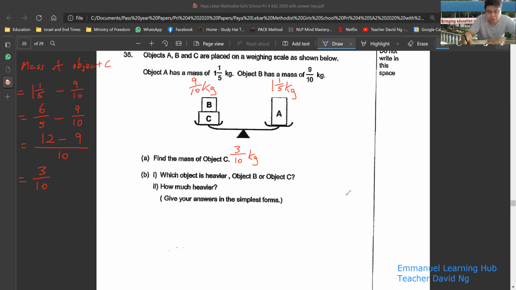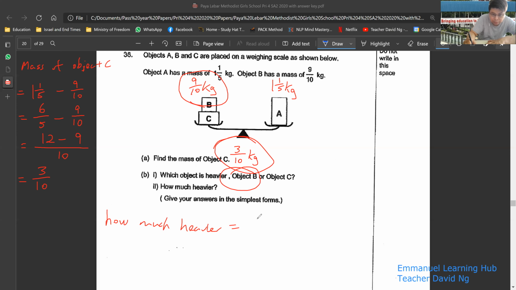Which object is heavier? Object B or object C? Object B is heavier. How much heavier? 9/10 minus 3/10 equals 6/10.